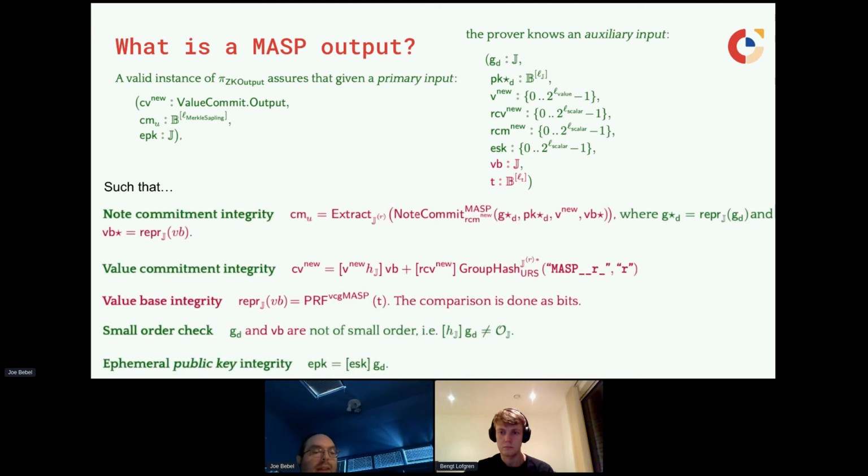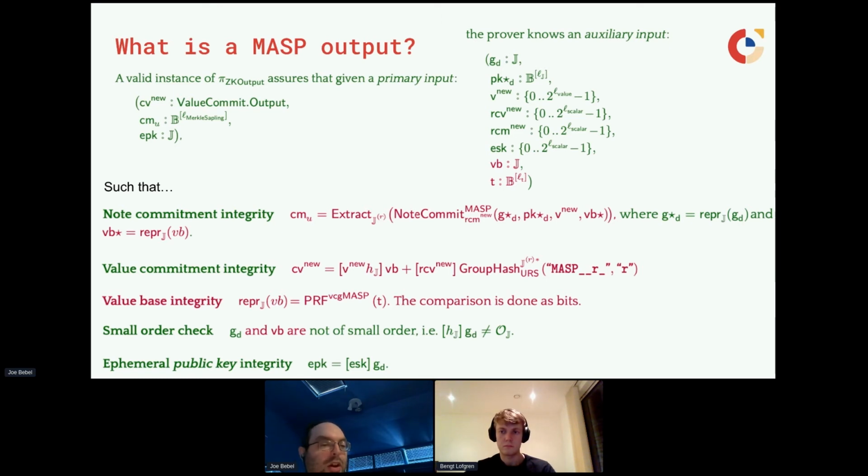And if we look at what the output circuit has to do now, well, it has to do all of the things that the spend circuit changed. So when we compute the note commitment, for example, we have to now compute a typed note commitment. So it doesn't just have a value with an implied asset, it now has a value and an asset generator.